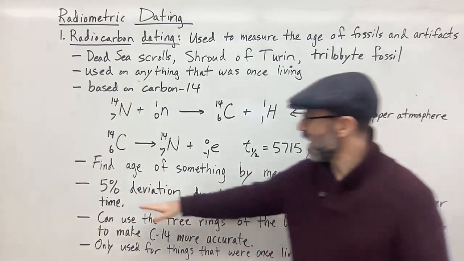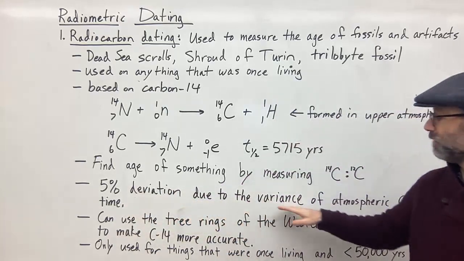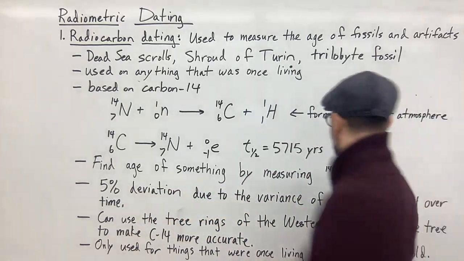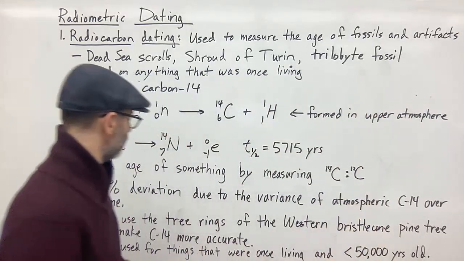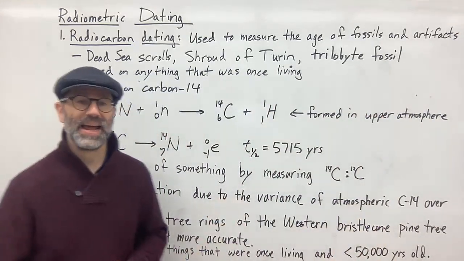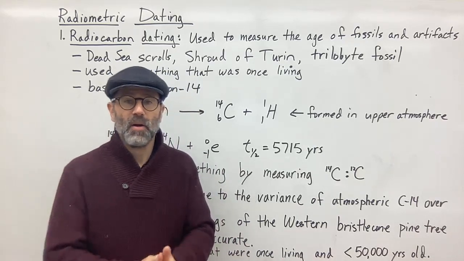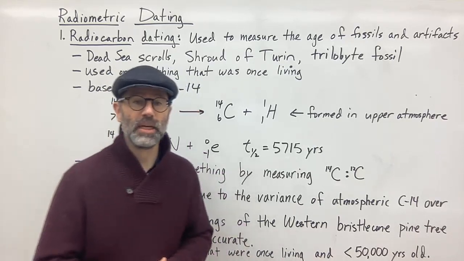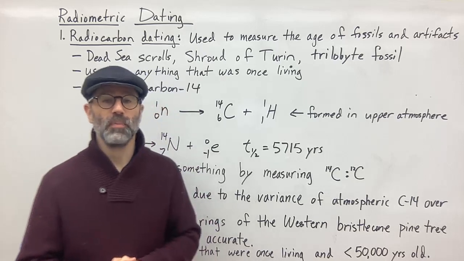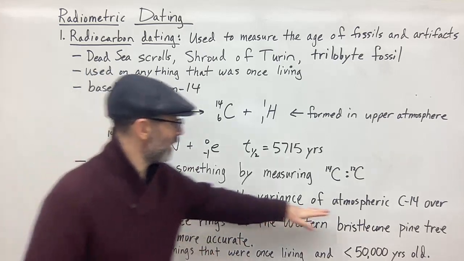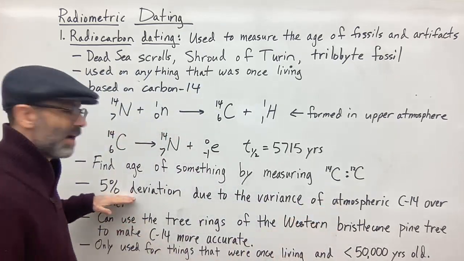However, there is a 5% deviation due to the variance of atmospheric carbon 14 over time. So over time, it's not as consistent or constant as we would like to believe. That variance in the atmospheric carbon 14 leads to a 5% deviation.